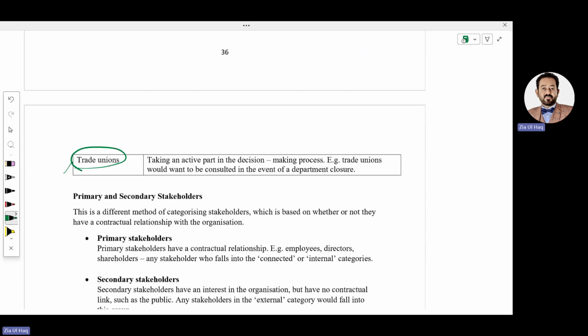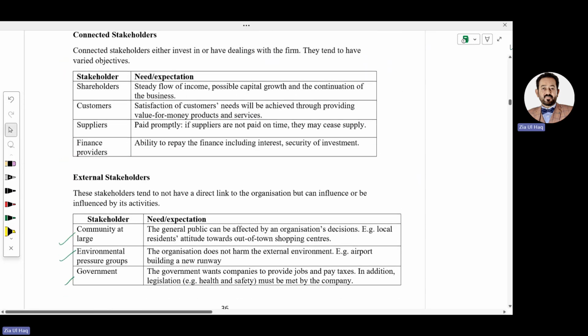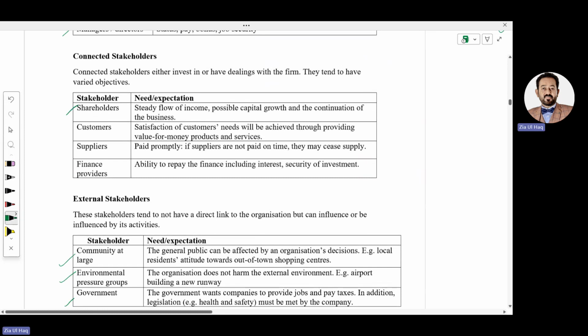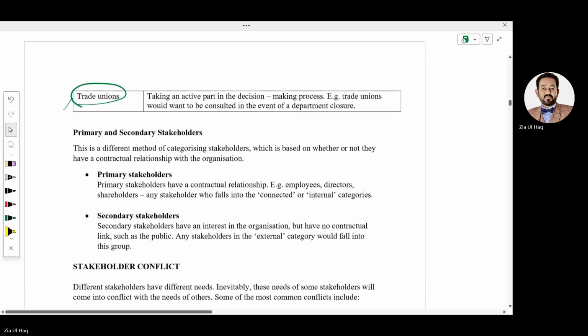Employees are within the organization, but trade union is outside the organization. Who are connected, that are external but influencing decision making: major shareholder, key customer, key supplier, banks, finance providers. What they want, we have discussed.